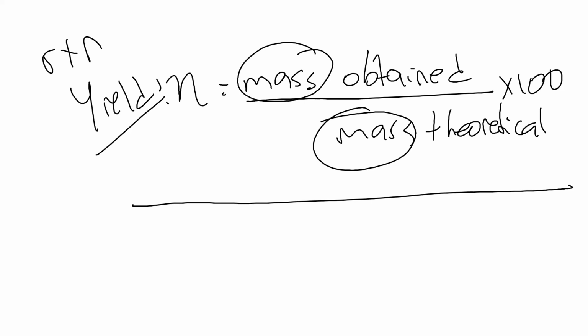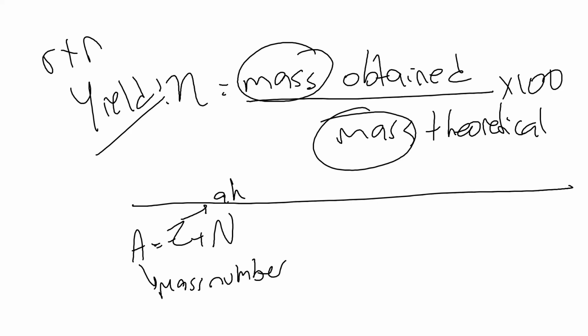Mass number A is the sum of the number of protons and the number of neutrons. A equals Z plus N. This is the mass number, this is the atomic number or number of protons, and this is the neutrons.